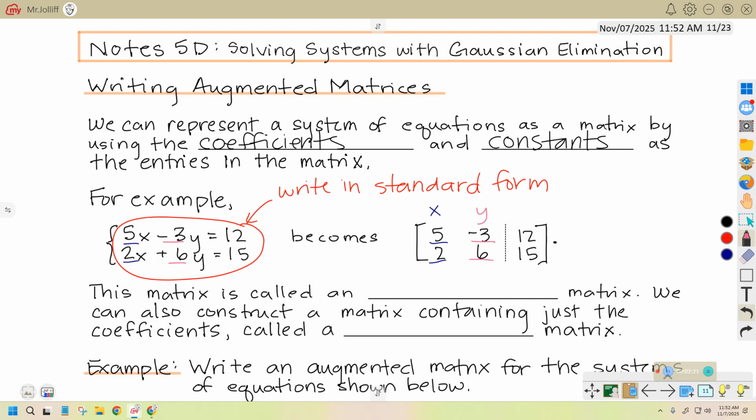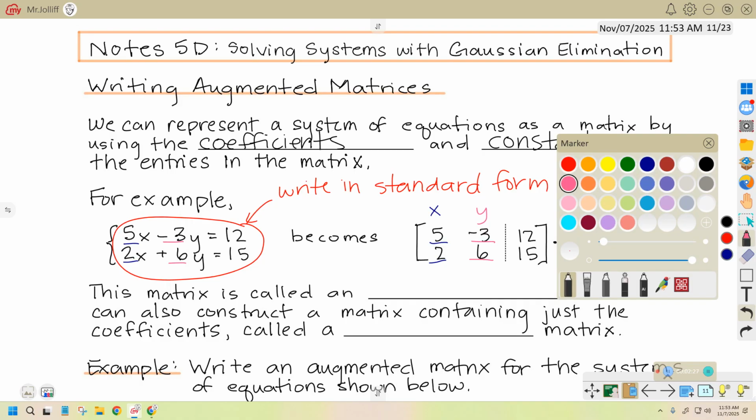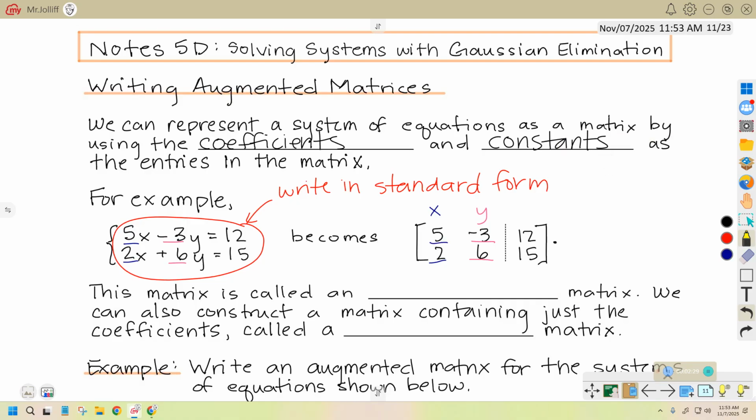It's my y column. Where do the numbers at the tail end of that equation come from? The right side. These guys are my constants.